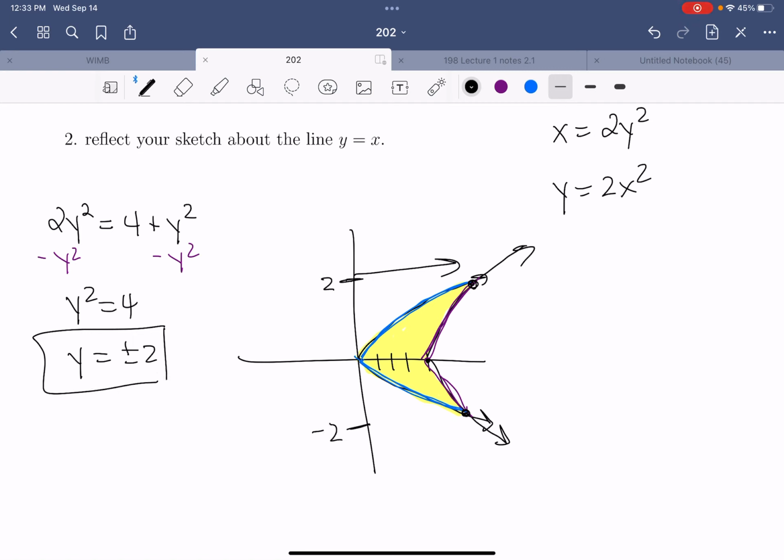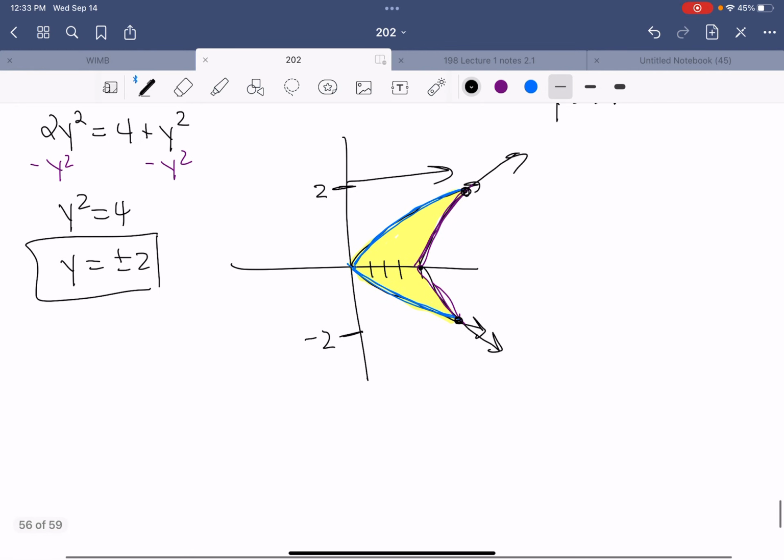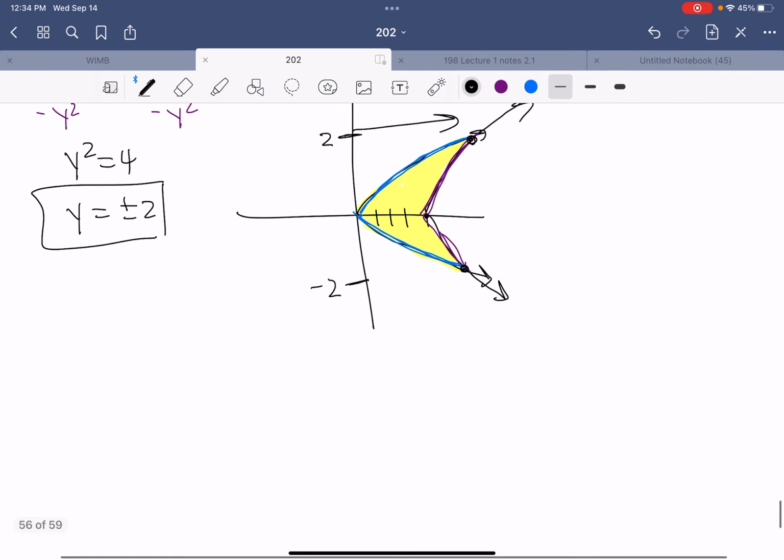Okay, so all we're going to do this time is do exactly the same thing, only now instead of integrating with respect to x, we're going to integrate with respect to y. So the area is going to be the integral from negative 2 to 2. Now they're y values, so I'm going to get a dy over here.